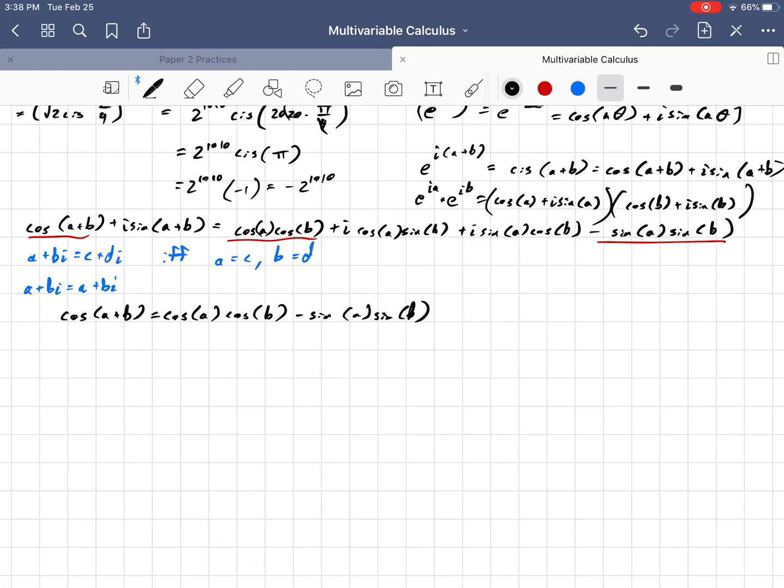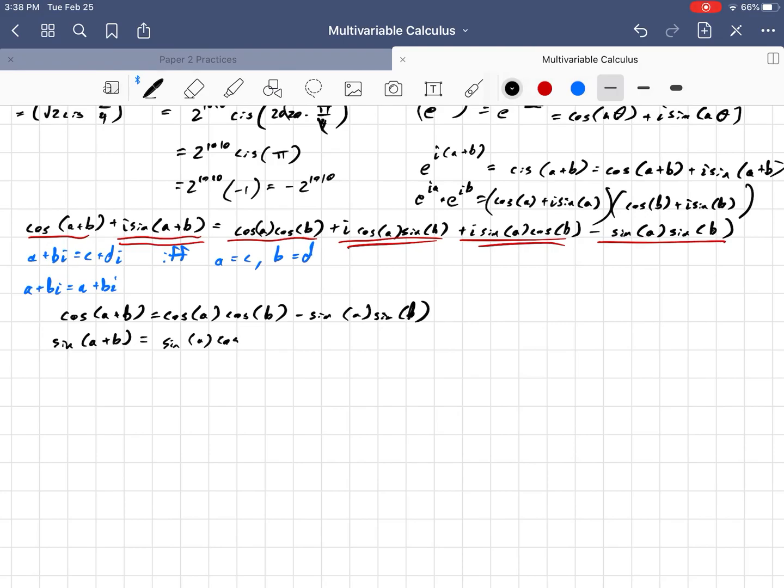And likewise, now I'm looking at the imaginary parts, so anything that has an I. This and that. So this tells me that sine of a plus b is, and normally we see it written this way, I'm flipping the order, this term here is first instead of this term, but normally it's written the other way, so I'll write it that way.